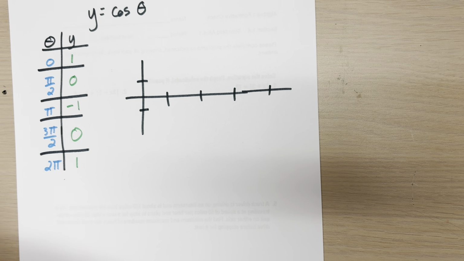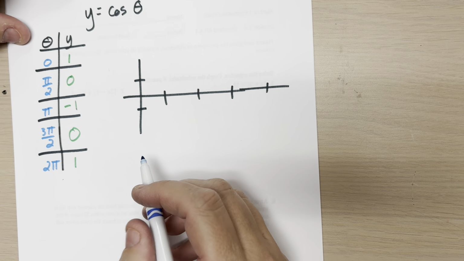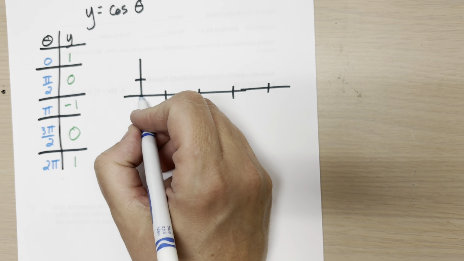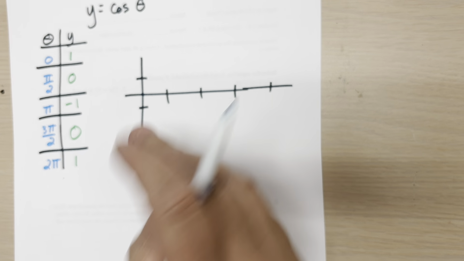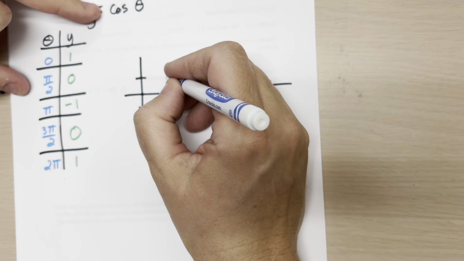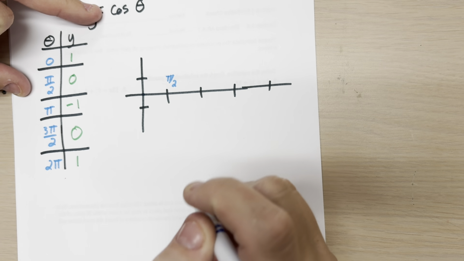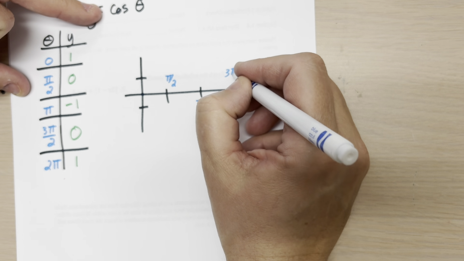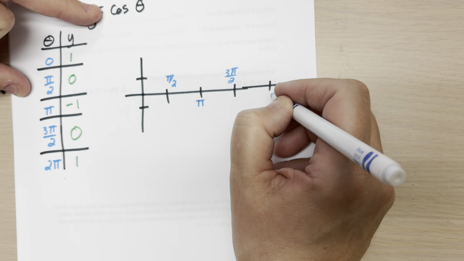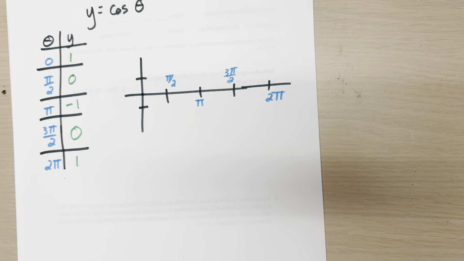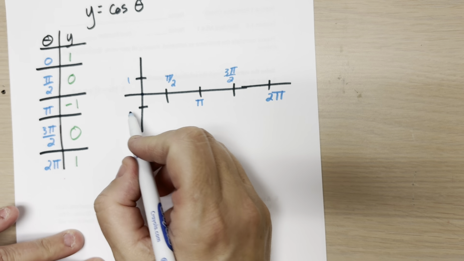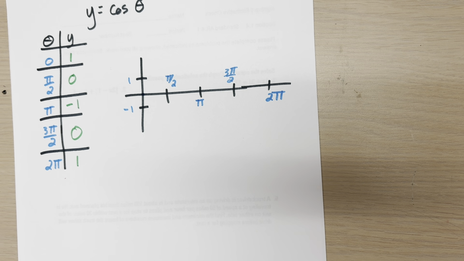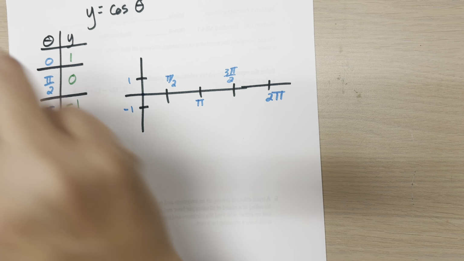So as I think about what this is going to look like over here, I know that I am at 0 here. Pi over 2, pi, 3 pi over 2, and then finally 2 pi over here. Again, 1 and -1 are our max and min values respectively.